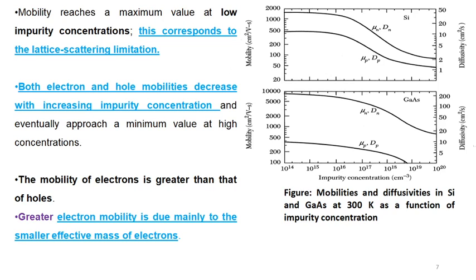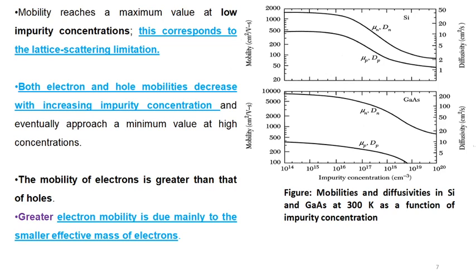See here in this figure, mobilities and diffusivity. Actually diffusivity D of n is nothing but the coefficient of diffusion. That part we will go into in detail in the diffusion process. Here I am showing only mobilities of two materials. The first material is silicon and the second is gallium arsenide, as a function of impurity concentration, meaning how the mobility will change.